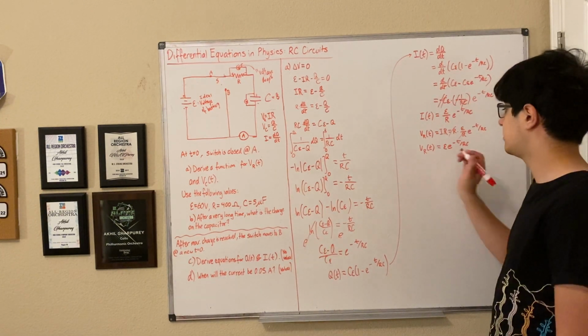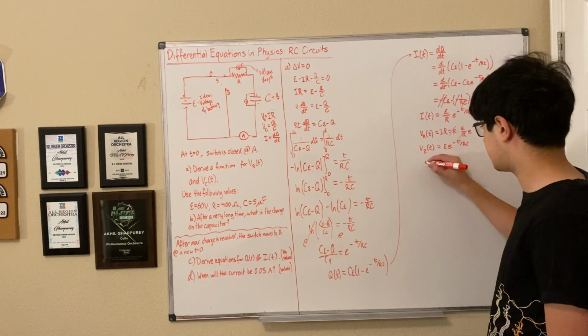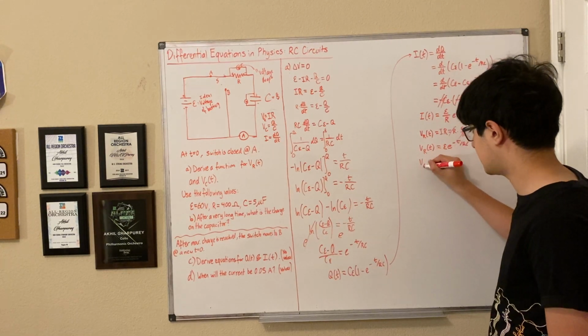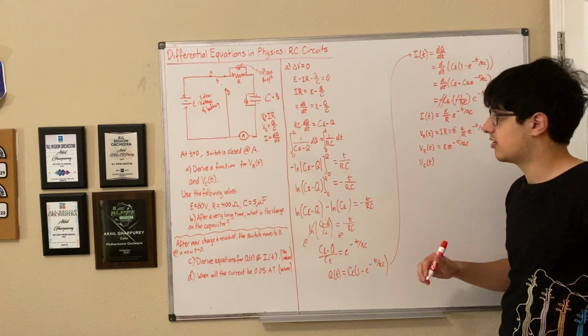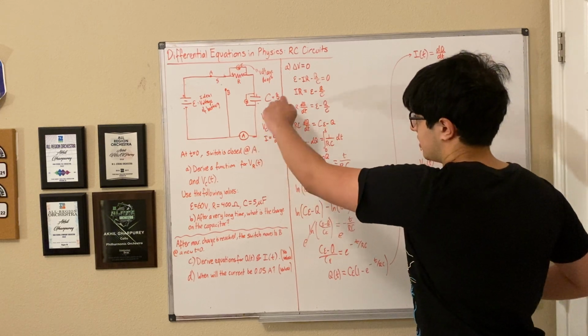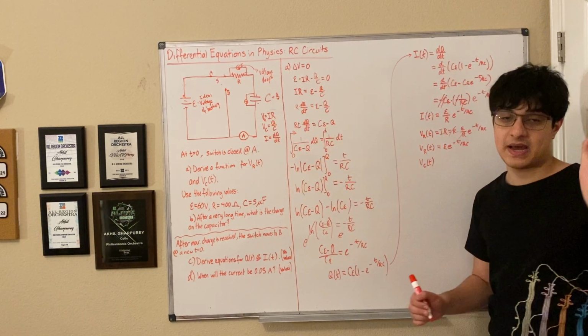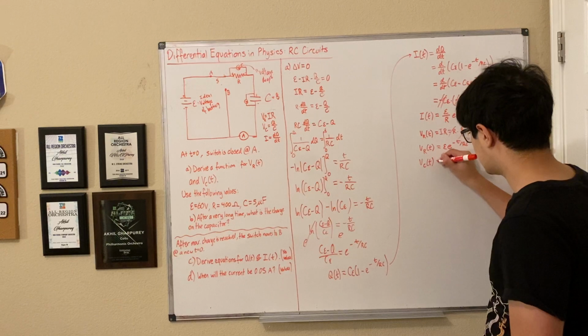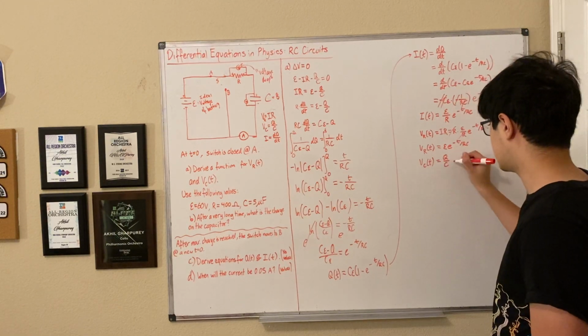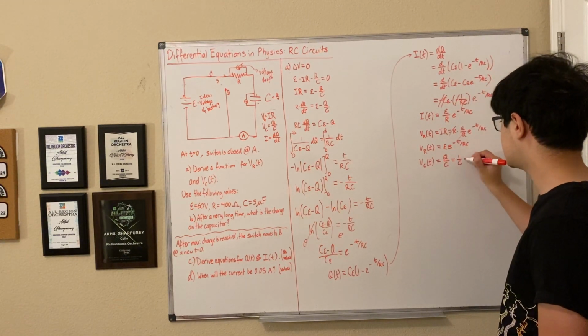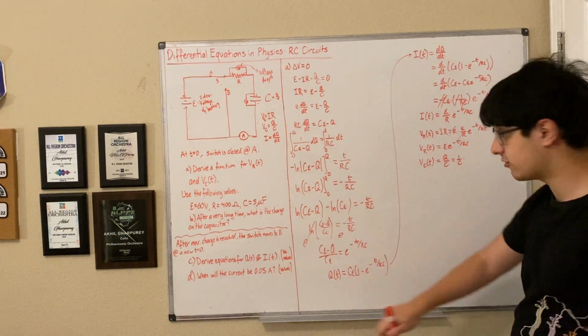And then the voltage drop across the capacitor. Now, the voltage drop across the capacitor is just smooth sailing from here as well, because we know that the voltage drop across the capacitor is the charge divided by the capacitance. So this is going to be equal to, as we know, Q over C. This is going to be equal to 1 over C times what we have for Q of t.